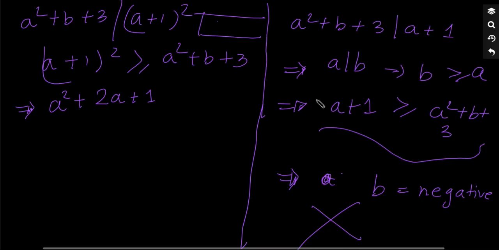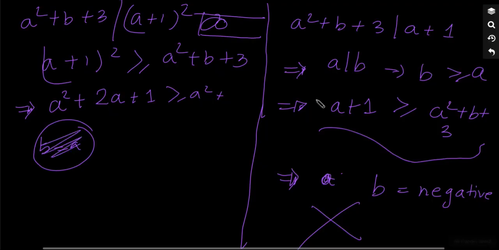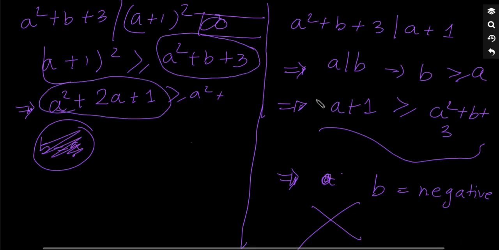Suppose b equals a, what will happen? If b equals a, then this term is kind of like a square plus a plus 3. What I want to say is that this term and this term are so near.